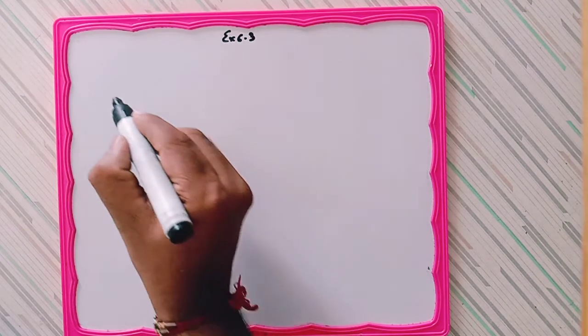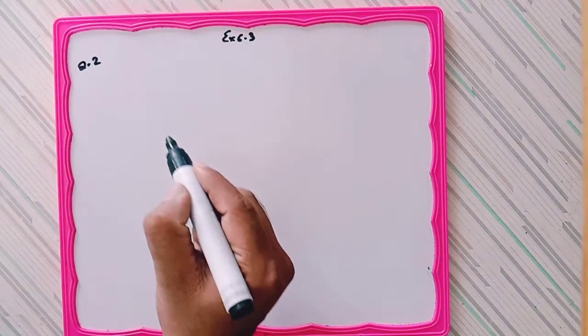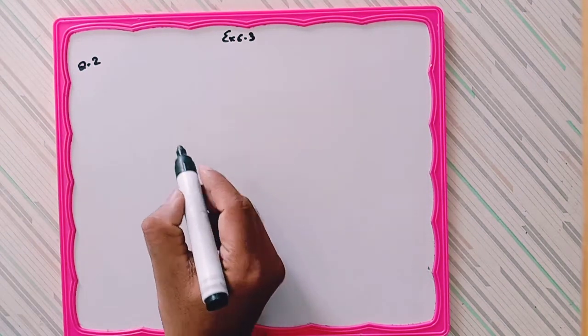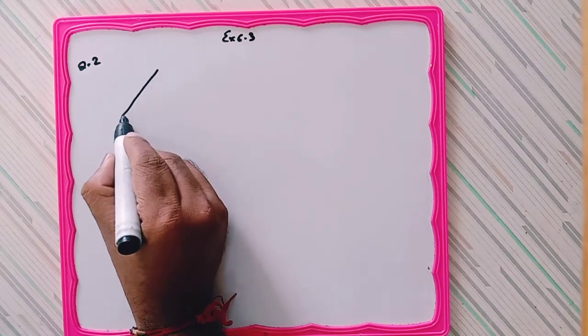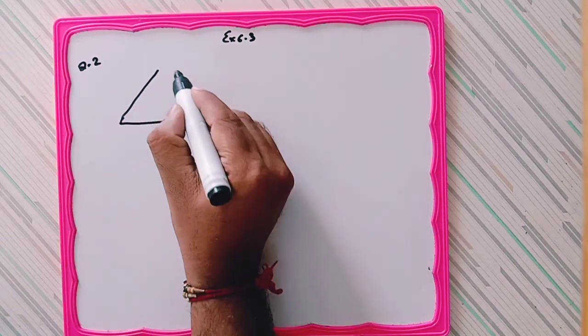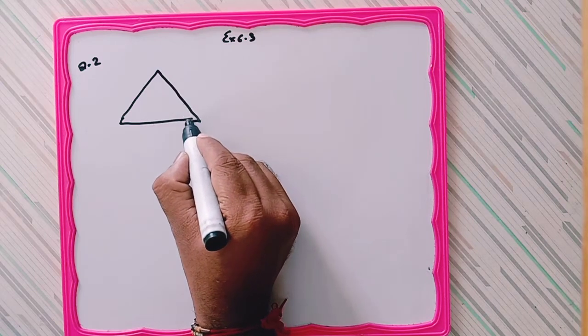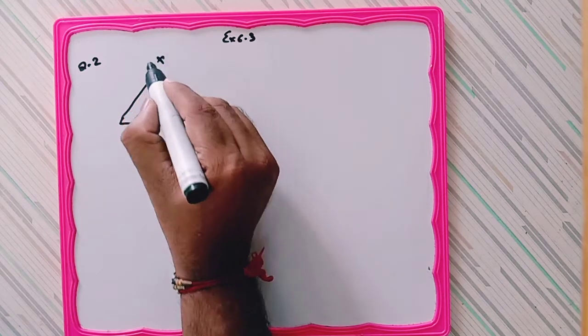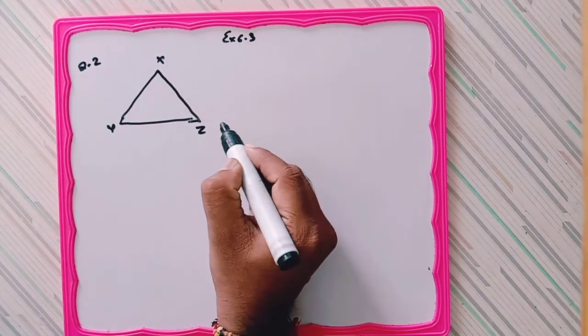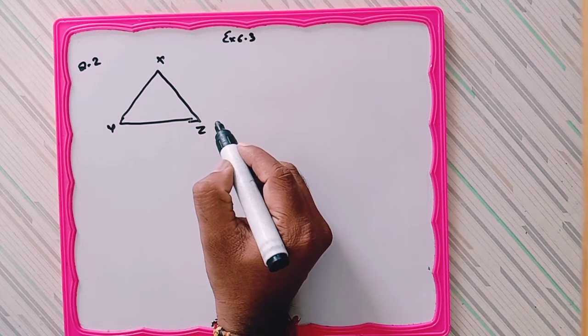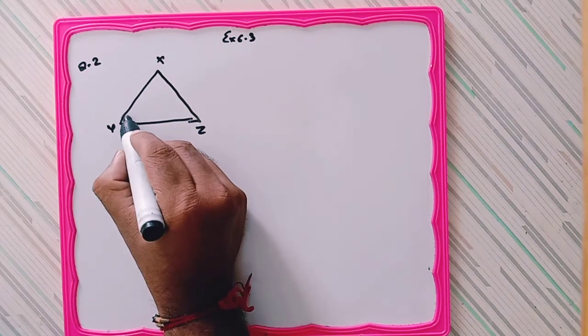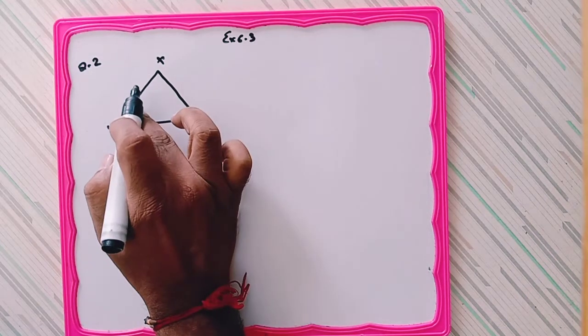We have the second question. In the given diagram, like this diagram is given, XYZ is a triangle in which angle XYZ is 54 degrees.